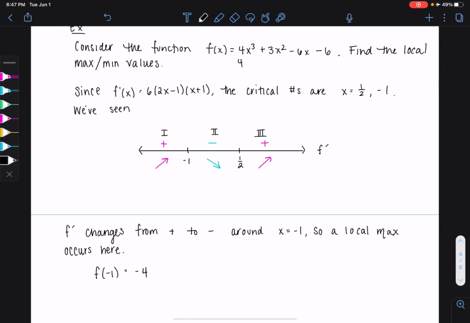Plugging -1 into this point, anything that's an odd power of x will change sign. That would be 4 plus 3 plus 6 minus 6, which is -1. This is our local max value.